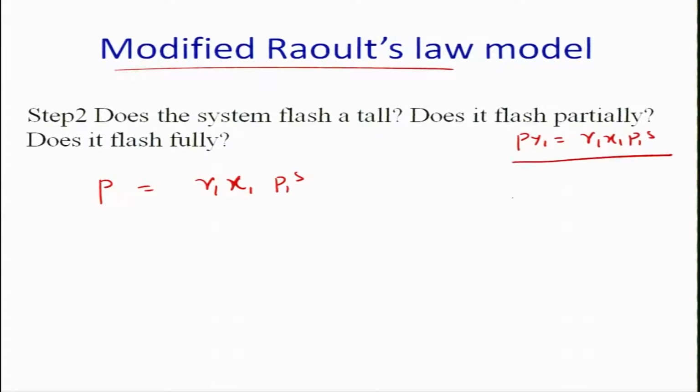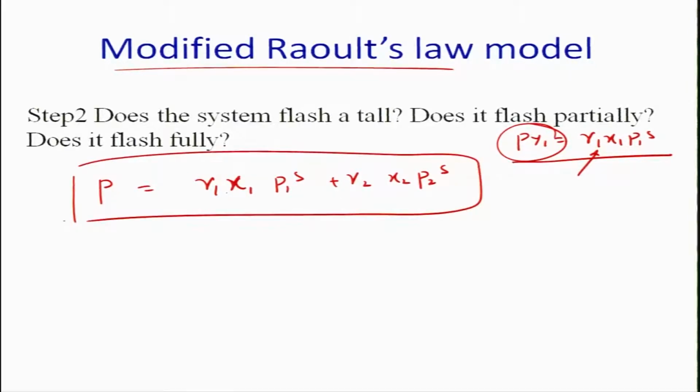This is a modified Raoult's law where the vapor phase is considered ideal, the liquid phase is non-ideal, and we use the activity coefficient as the correction for non-ideality. So, P would be gamma 1 x1 P1 sat plus gamma 2 x2 P2 sat. This is the bubble point pressure which you have to calculate.